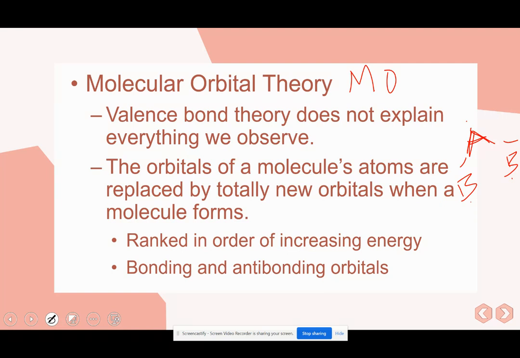But when they come together and bond, they trade in these individual orbitals and form new orbitals around the molecule called molecular orbitals. They give up their atomic orbitals to unite and form completely new molecular orbitals that surround the entire molecule.